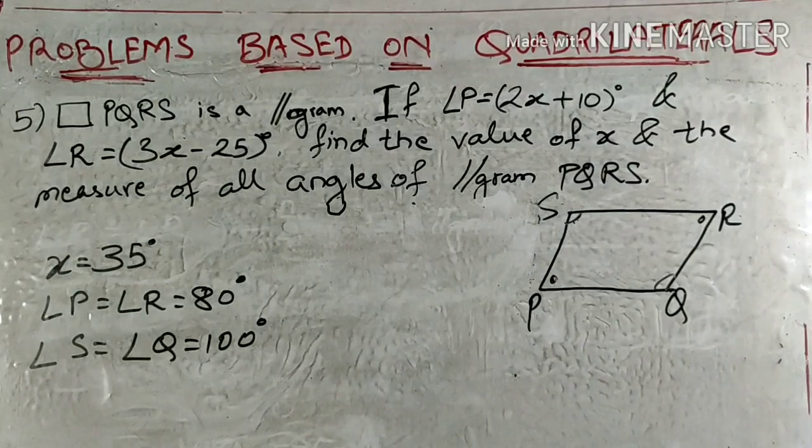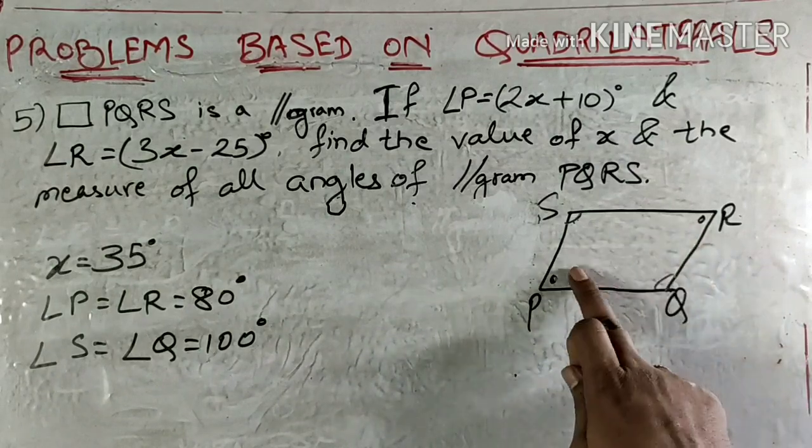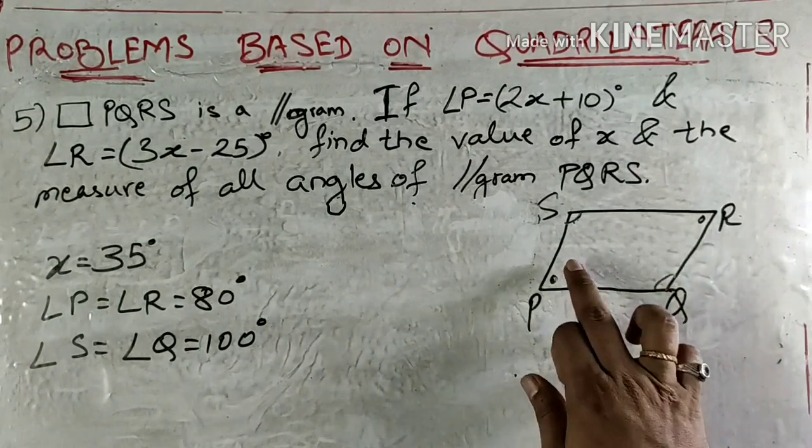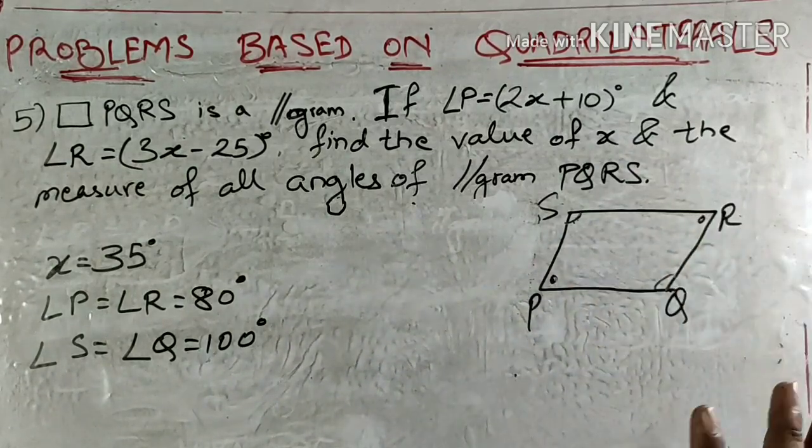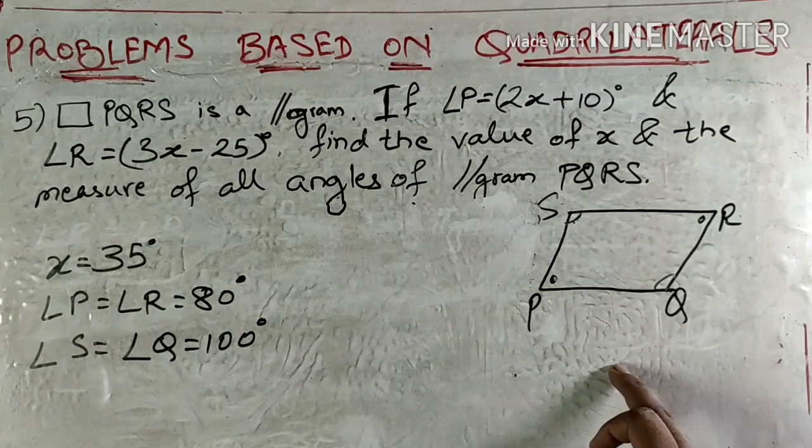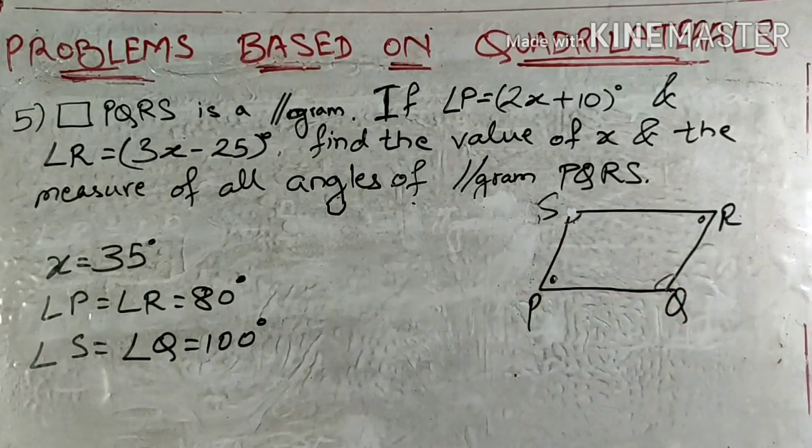But there are times when we get answers which do not match the diagram. For example, if you look at this parallelogram, angle P and R are 80 degrees, that is acute angles, and hence they look acute. But there are times when you may get these two angles as obtuse. So you need to be smart enough and change the labelings.